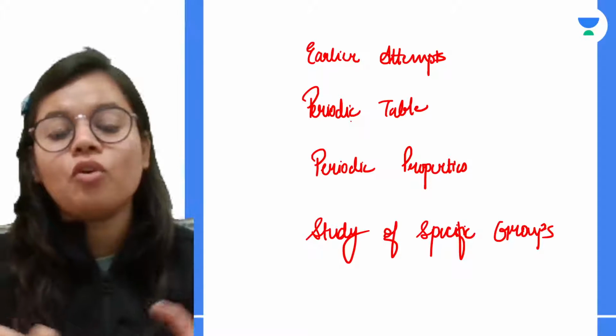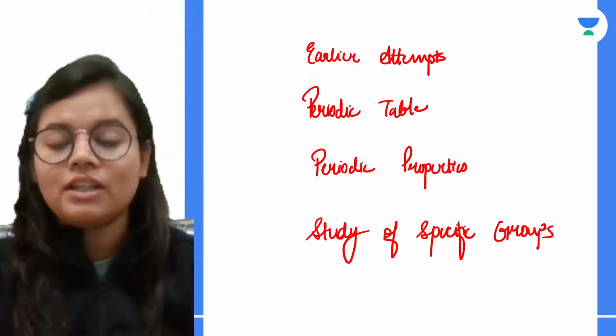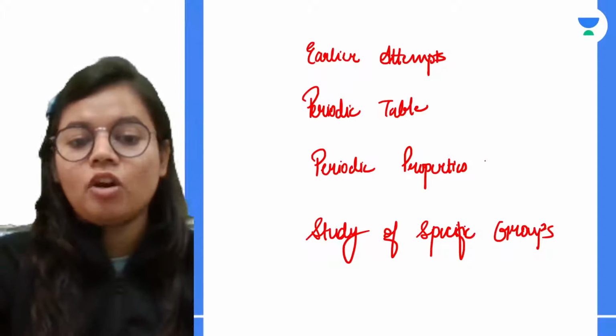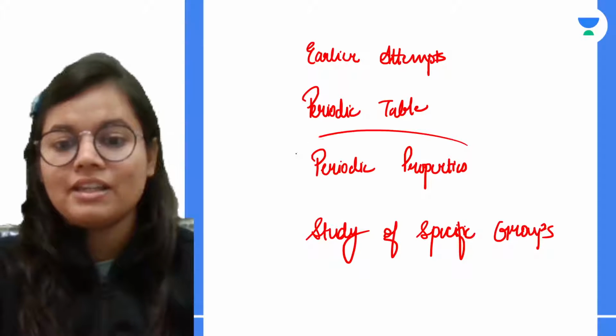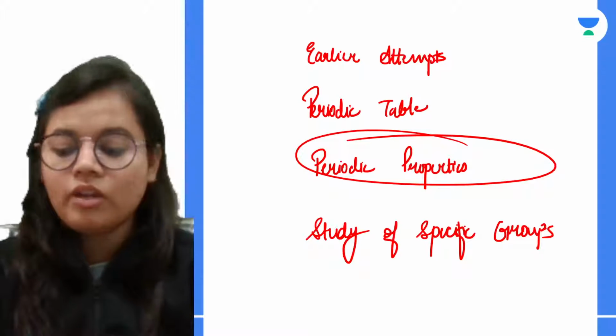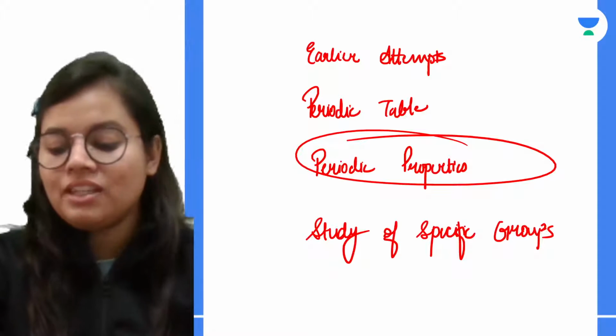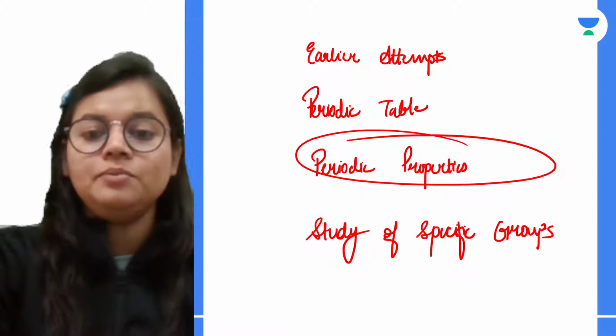So these are the four categories in which the whole chapter is divided, and today the topic that we are going to pick is periodic properties. Without wasting any further time, let's quickly get started.